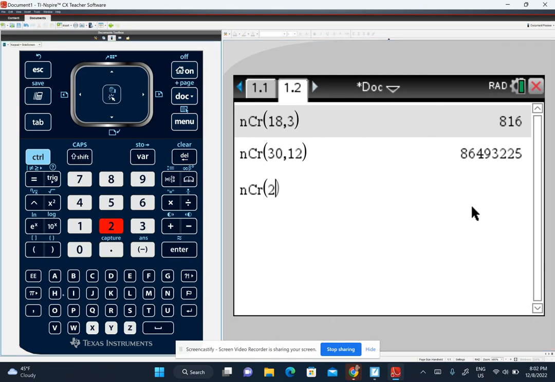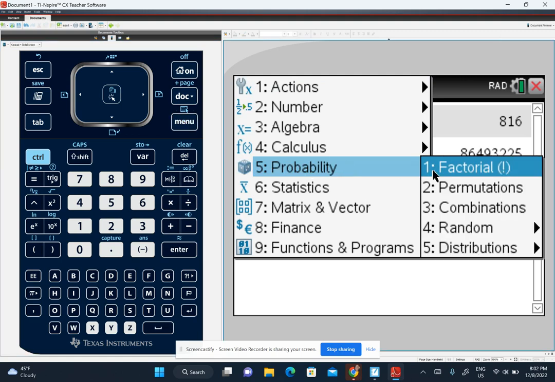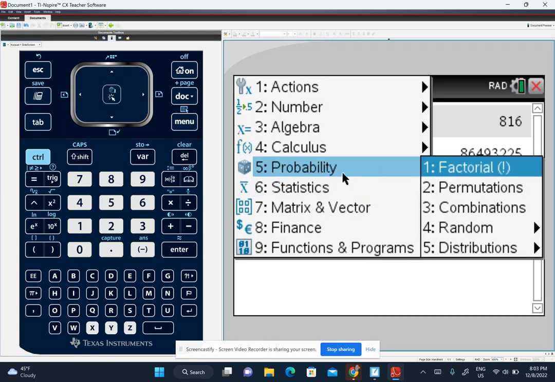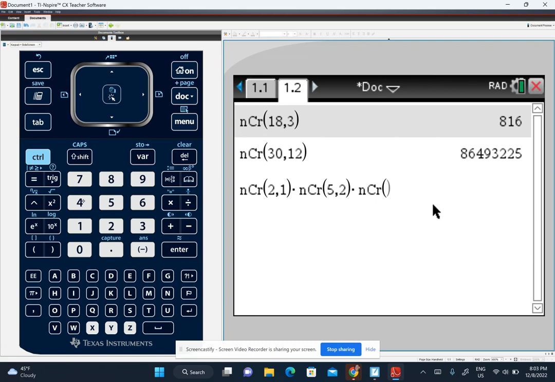So it's going to be 2 comma 1, get out of the parentheses, times menu, probability, combinations, and now we are choosing 5 comma 2, get out of the parentheses, times, and then we're going to do menu, probability, combinations, and then 4 comma 2.